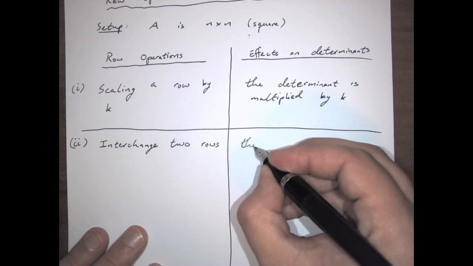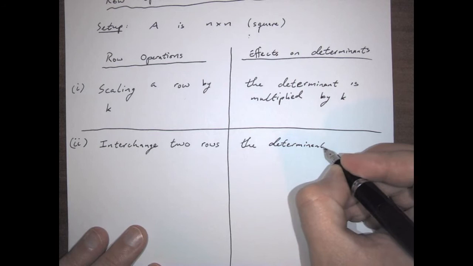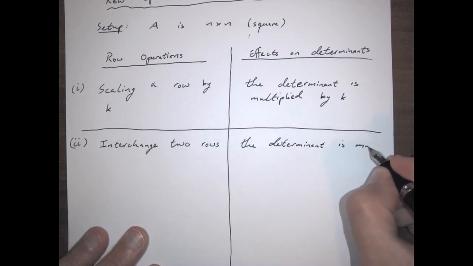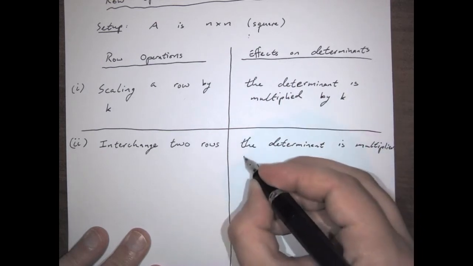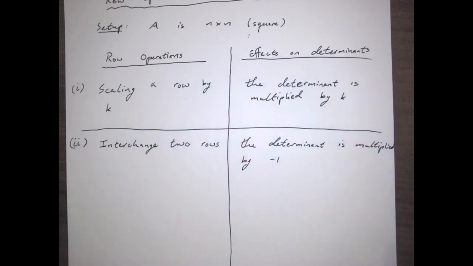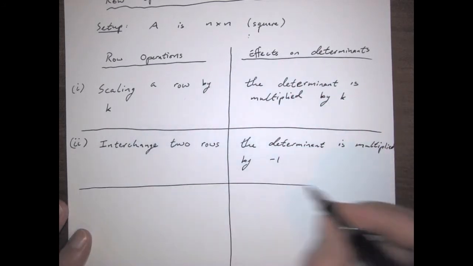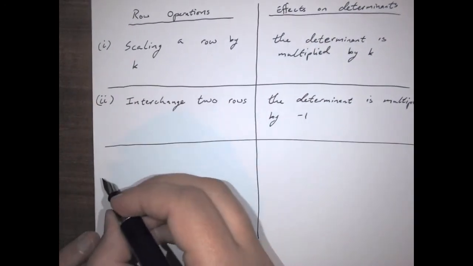So the determinant is multiplied by -1. And those of you who are more familiar with vectors will recognize that this is also what happens in the cross product. If you interchange the order of the two factors of the cross product, the result will be negative whatever the first one was.